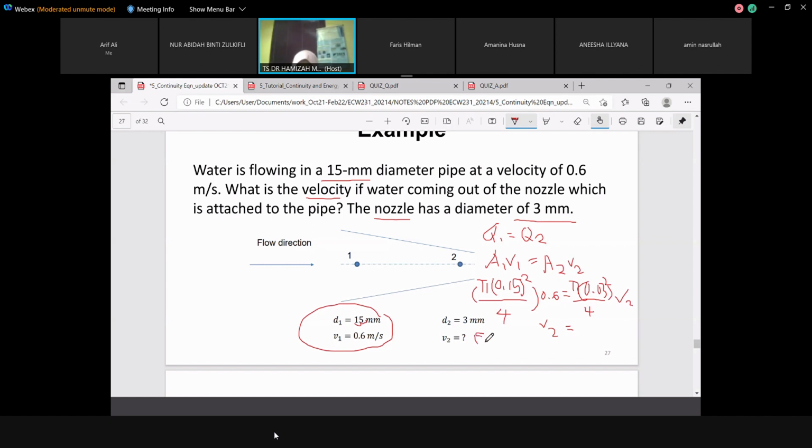So you can check back your calculation. The larger the diameter, the lower the velocity.